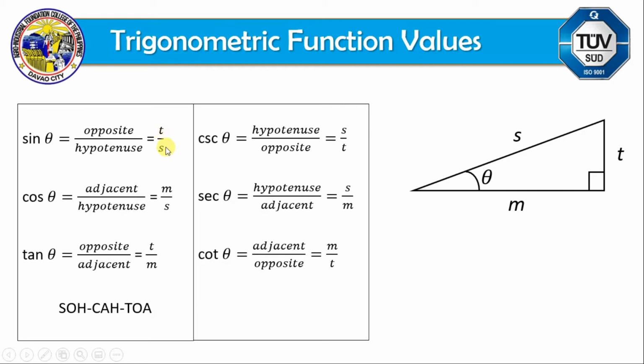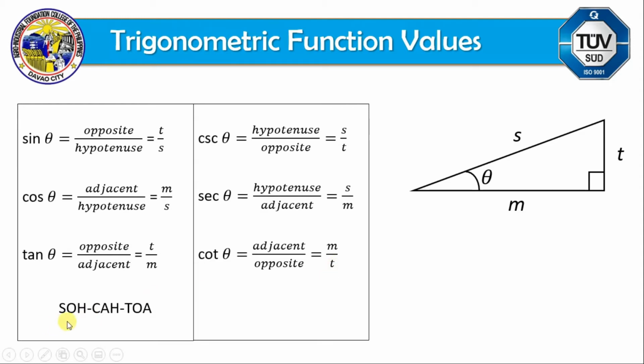Okay, kung dito t over s, pag kunin natin yung cosecant theta, it is just s over t. Pag kunin naman natin yung secant, okay, it is just the reciprocal of the cosine theta. Kung m over s yung cosine theta, yung secant theta natin will be s divided by m. Okay? Kung kunin naman natin yung cotangent, kung tangent theta natin is t over m, mangyayari sa cotangent theta natin will be m over t.